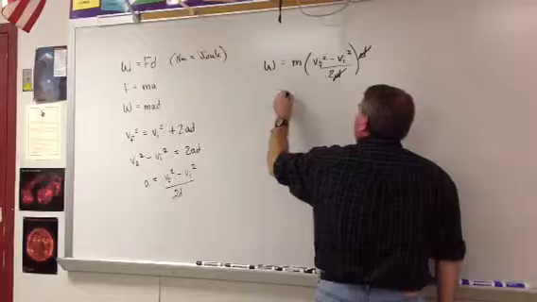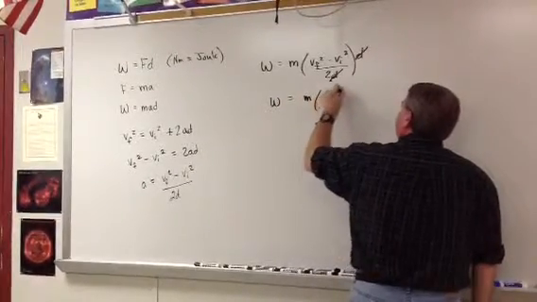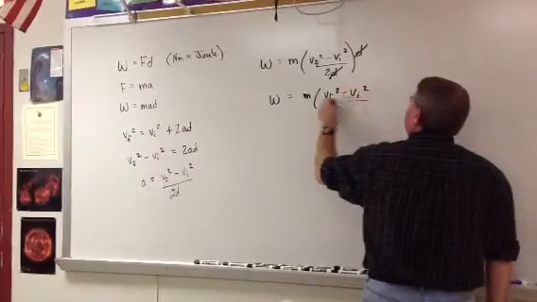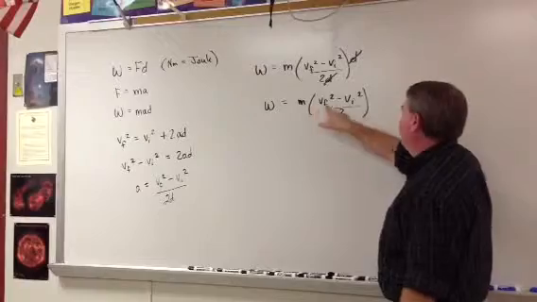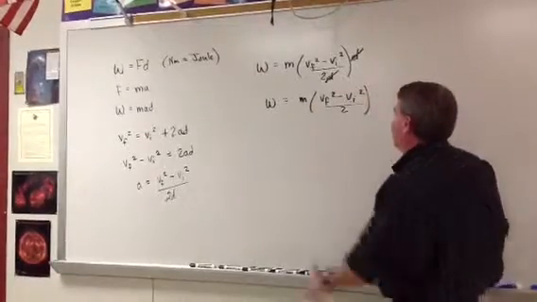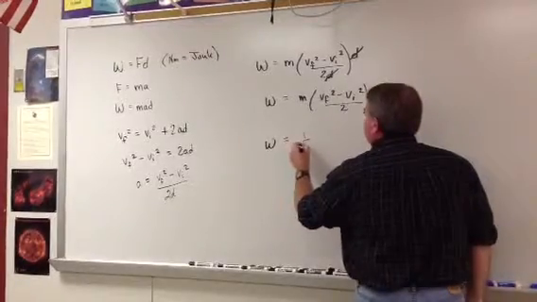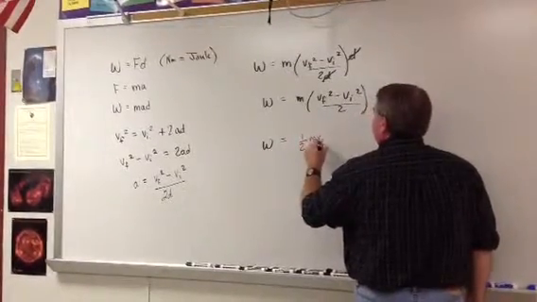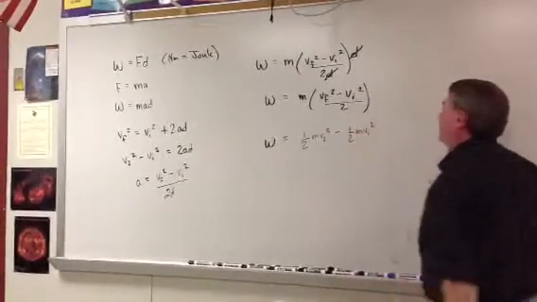and I won't skip any steps, we'll just go straight through with this. Mass times Vf squared minus Vi squared over 2. If we factor the mass through to here, separate everything out, I'll go ahead and do a couple steps at once. This ends up being 1/2 mVf squared minus 1/2 mVi squared.